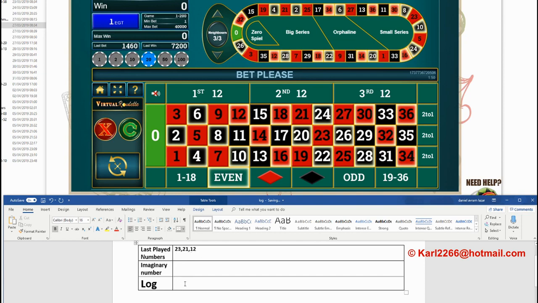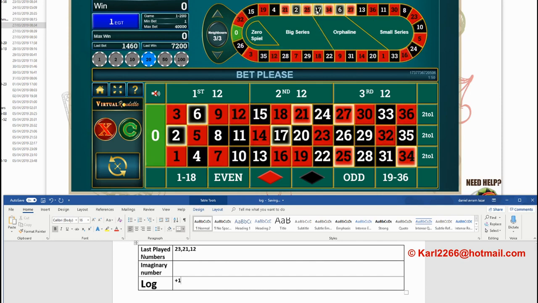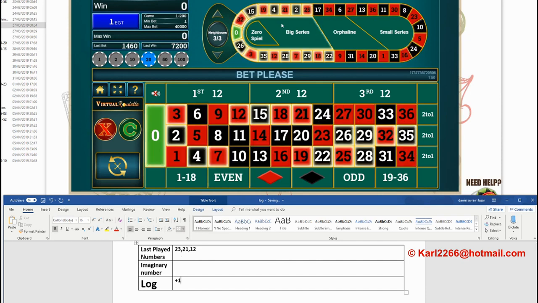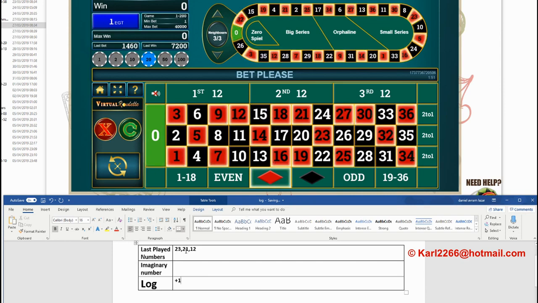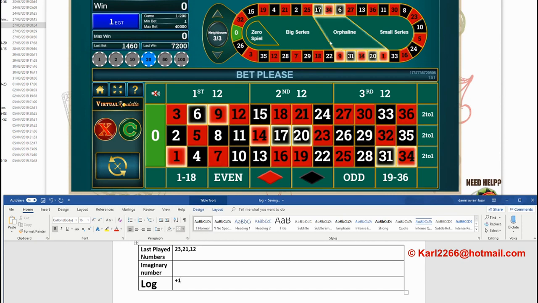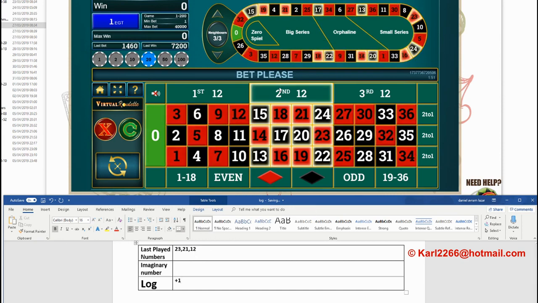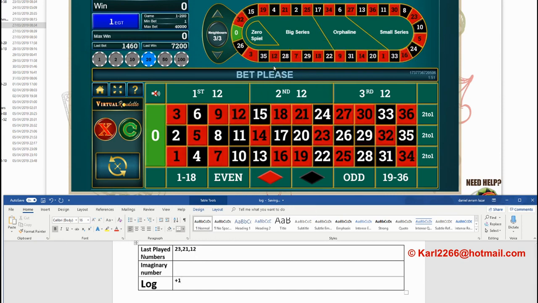What fits here is logarithm plus 1. 23 plus 1, 24. 17 is the terminal from 24. We got 21, the third neighbor. 21 plus 1 is 22. The terminal from 22 is 29. We got third neighbor from 21 from 29, number 12.